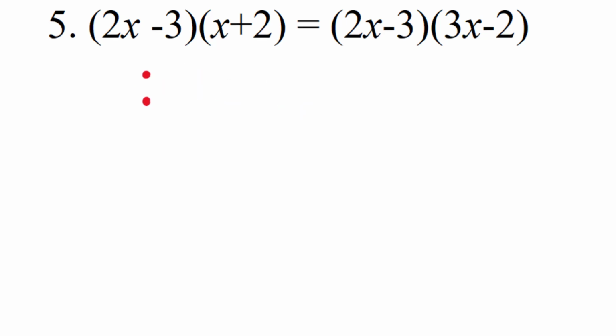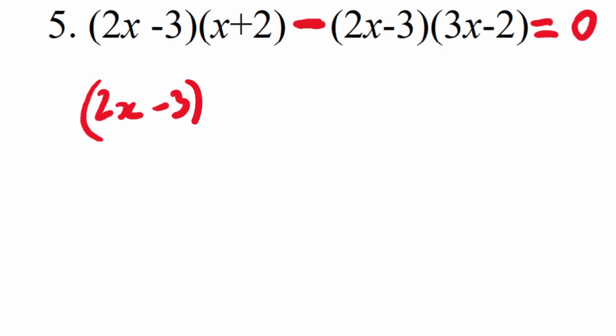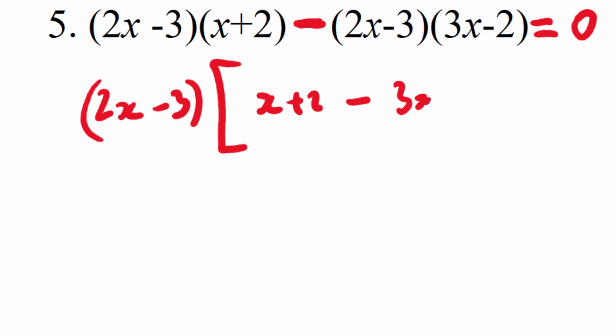So the really smart way of doing this is to move this whole expression here to the left-hand side. I'll just cut a corner by making that a minus sign and making that equals to 0. So it's the same thing. Now I'm going to factorize 2x minus 3. That's what I've got, an x plus 2 there, minus, and I've got a 3x minus 2 there.